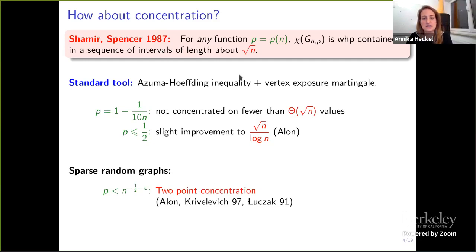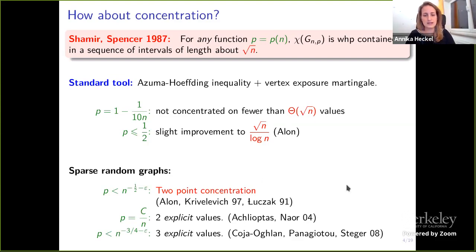Now, all of these results so far, it's kind of a feature of these martingale concentration type results. None of them tell you anything about what these intervals are, or down here, what these 2 integers are. We just know they exist, and the chromatic number is contained in them with high probability. So for some p, the 2 values, or in this case at most 3 values, were worked out explicitly.